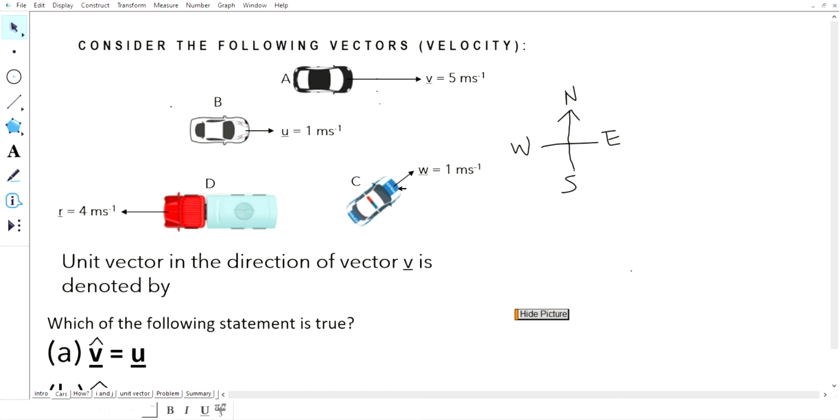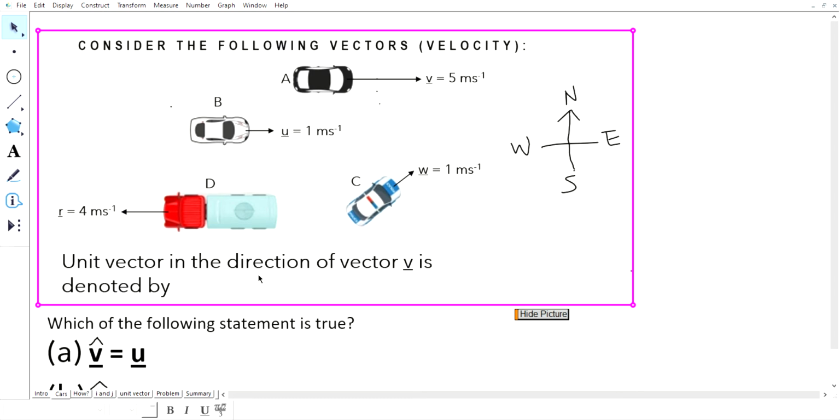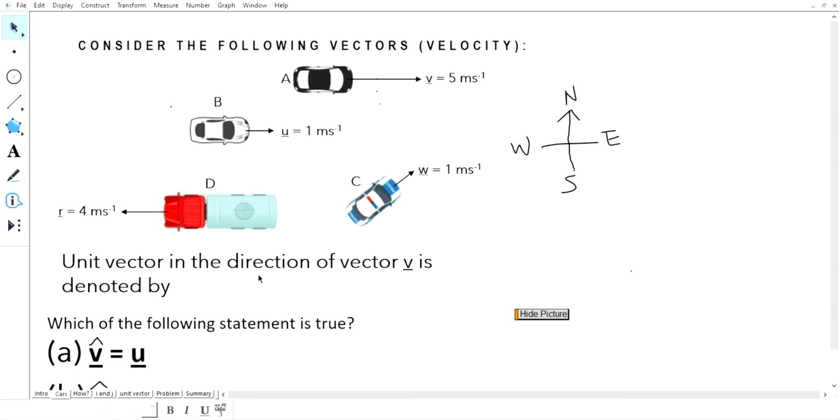Which unit vector is in the same direction as vector V? Yes, vector U has the same direction as vector V. We say that vector U is a unit vector in the direction of vector V. Unit vector in the direction of vector V can be represented by this symbol.